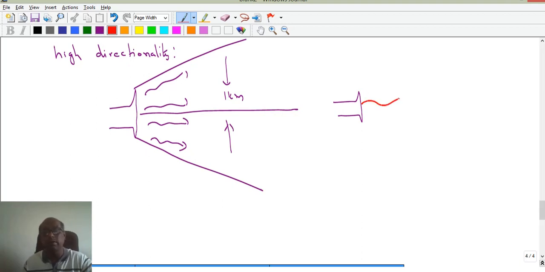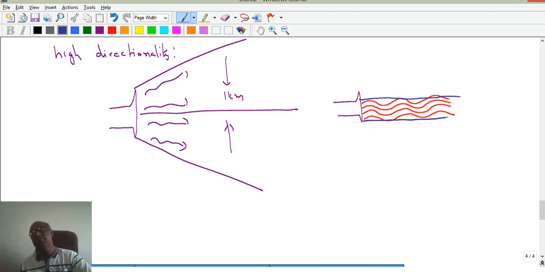They must maintain the same phase and same amplitude. That's why all the photons emitted from the laser must maintain the same phase and same amplitude, or in other words, they must be coherent. Because of this coherent nature, all the photons are confined to a unique direction, leading to high directionality.